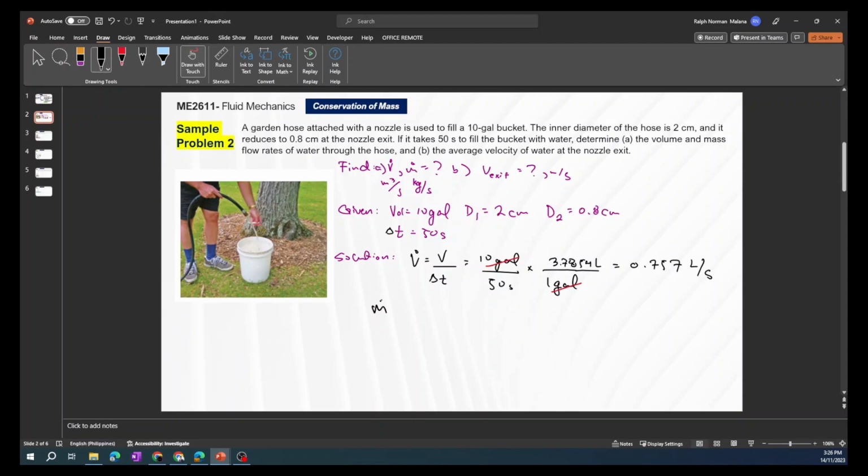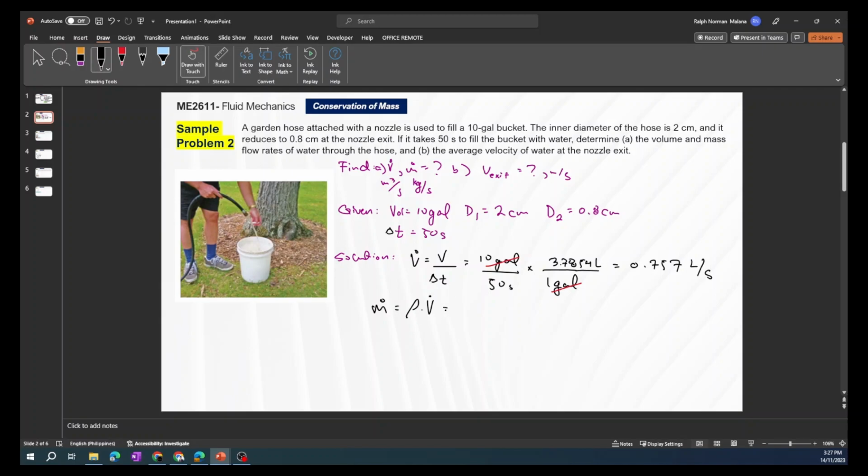For mass flow rate, if you recall your formula, it could be density times area times velocity. We could also do that, but we don't have the inlet velocity, but we can make use of the volume flow rate already, which is density times volume flow rate.